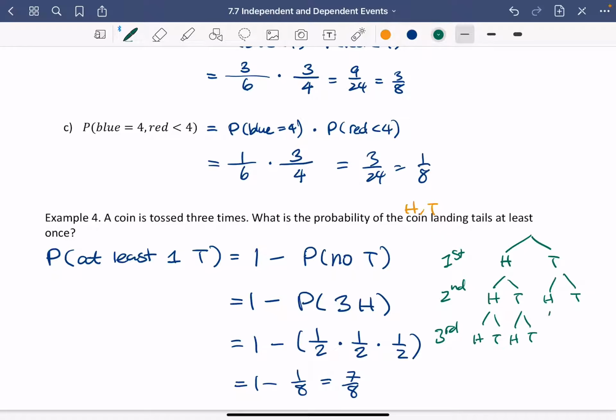Okay, so the outcomes then will be H, H, H, H, H, T, H, T, H, H, T, T.